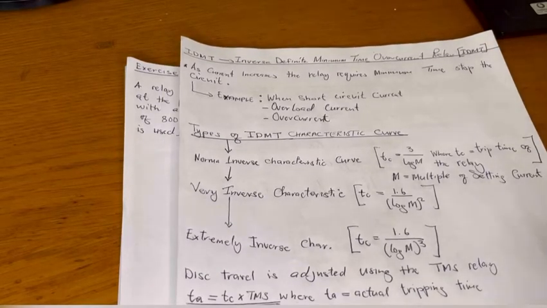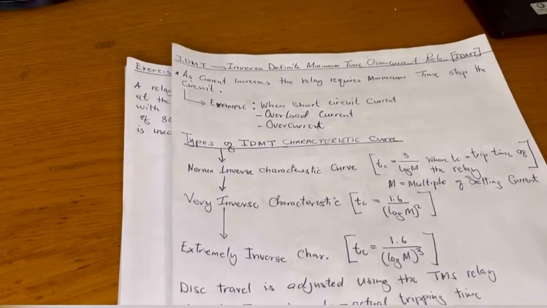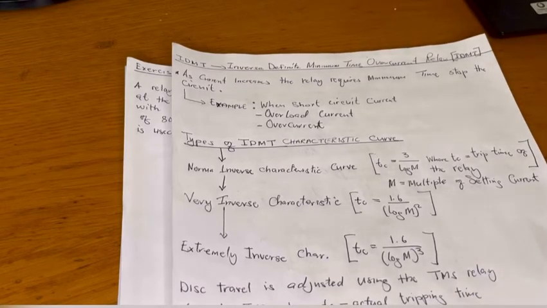If you set your relay to a certain tripping time, then that tripping time that you've set is TA in terms of this formula. We know TC is the tripping time of the relay. There's a difference between the tripping time and the actual tripping time. The tripping time is when the disk starts to travel, and the actual tripping time is when the relay is actually tripping.